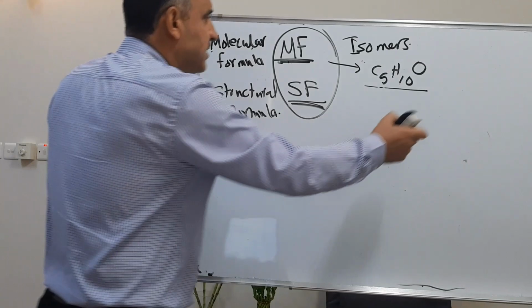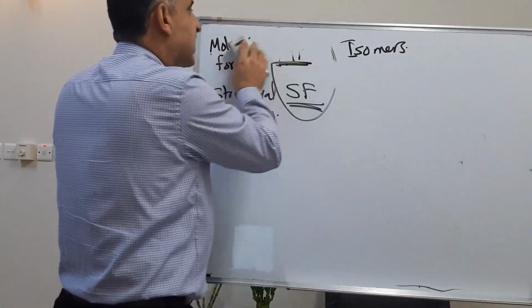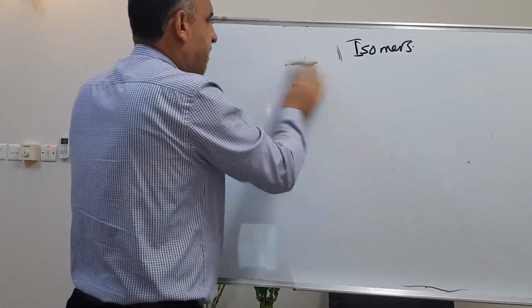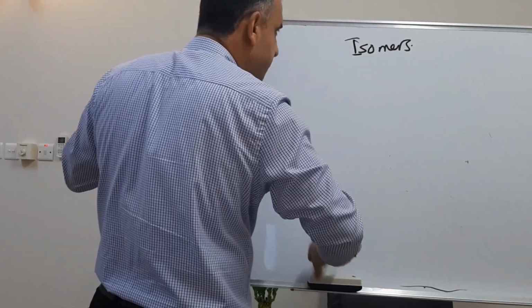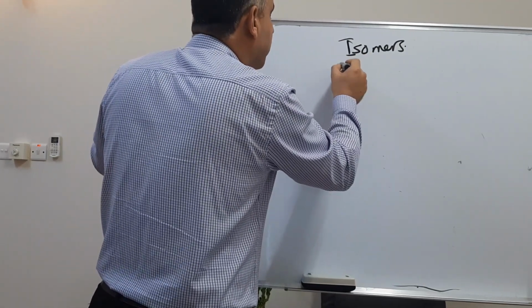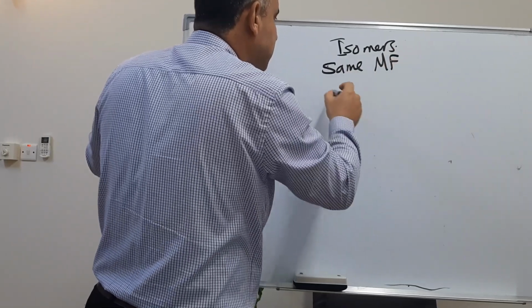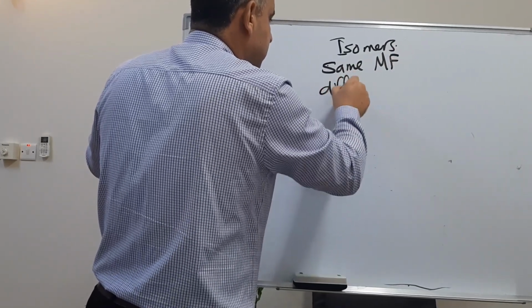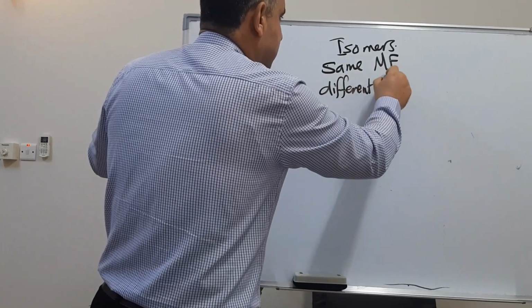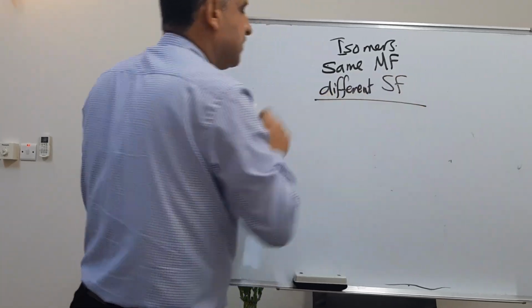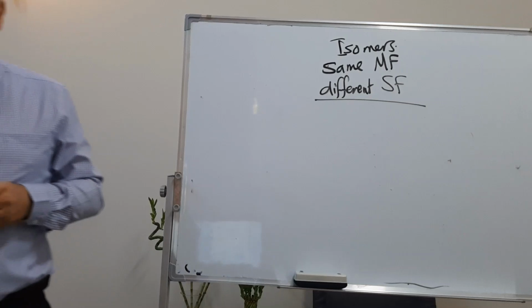So the isomers, as I said, are compounds having the same molecular formula. So they always have the same molecular formula, but different structural formulas. So that's always the isomers.